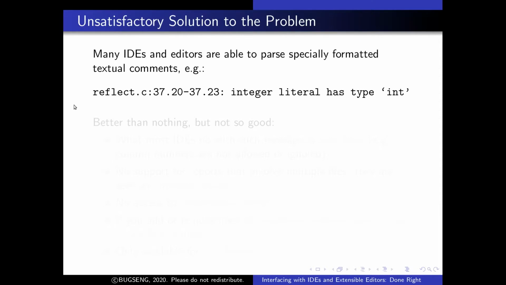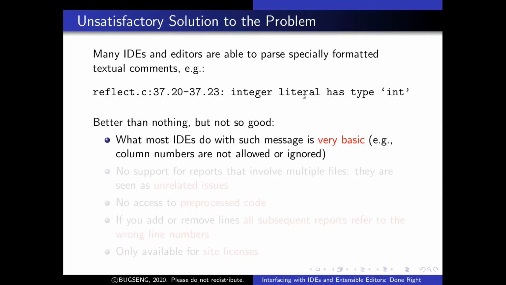So this is the file name, reflect.c, and this is the range that my attention is drawn to by the tool. So it's line 37 from column 20 to column 23, and there are some explicative messages which I've just made up for the example.